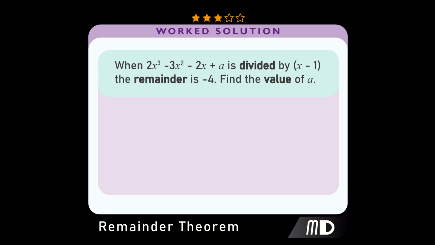So the question tells us that f of x is equal to 2x cubed minus 3x squared minus 2x plus a. And dividing by x minus 1 gives us a remainder equal to minus 4.